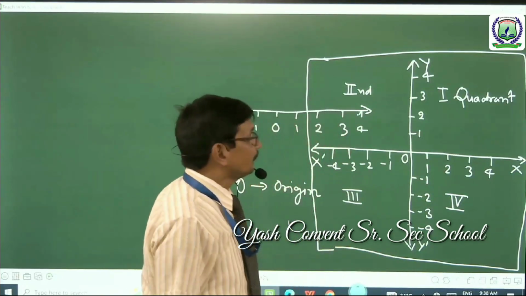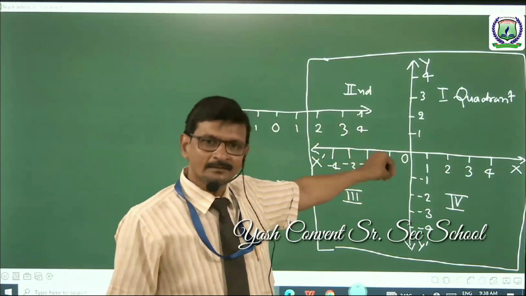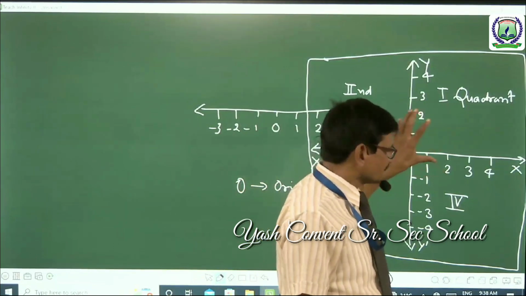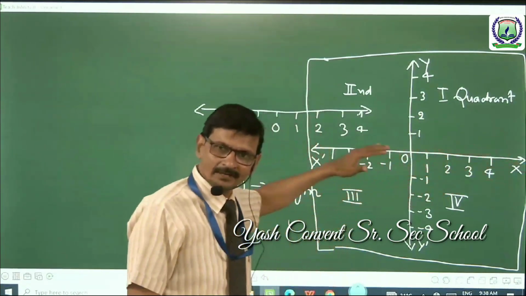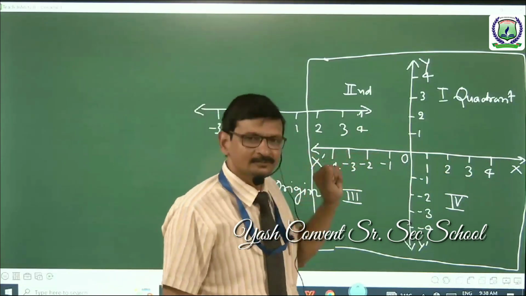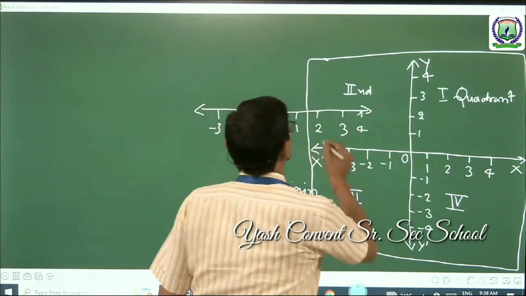Now, for reading, we first write the point on the x-axis, the reading on the x-axis, and that is known as abscissa.